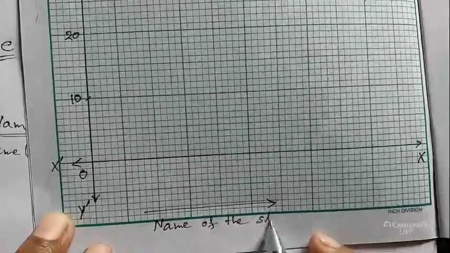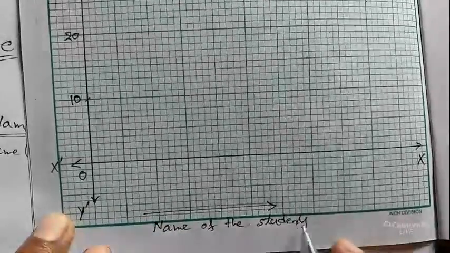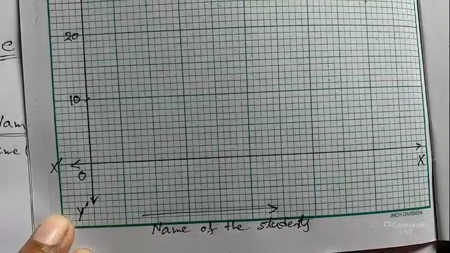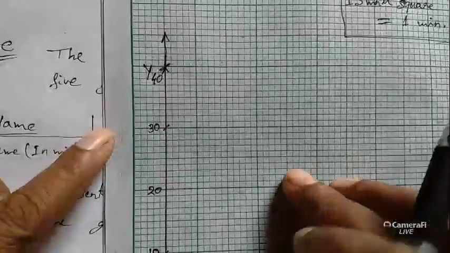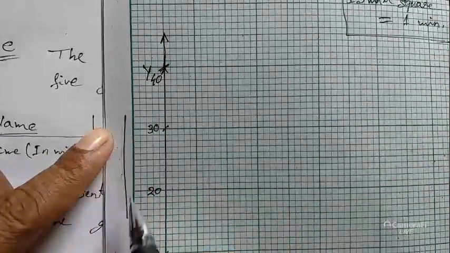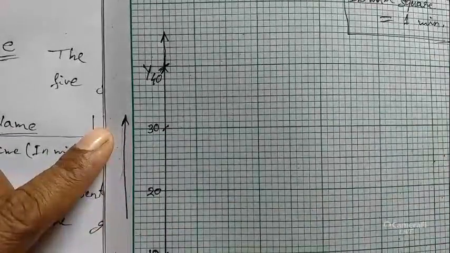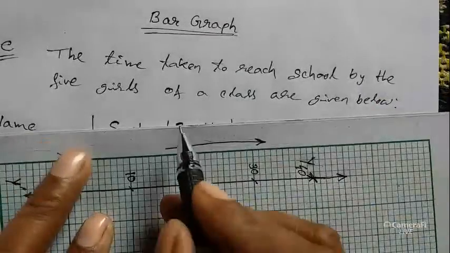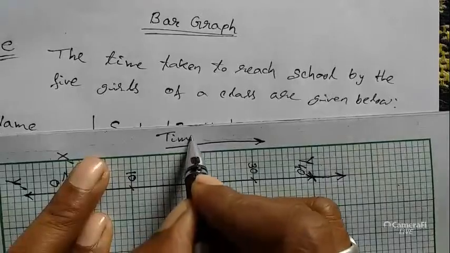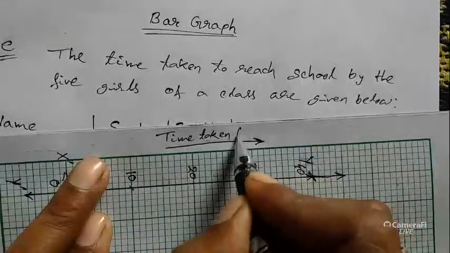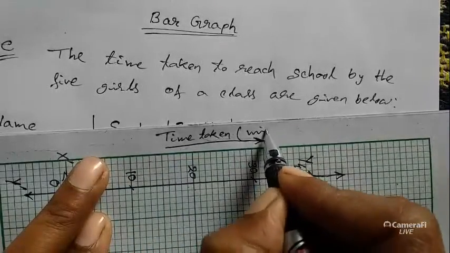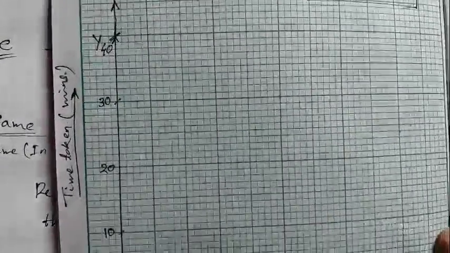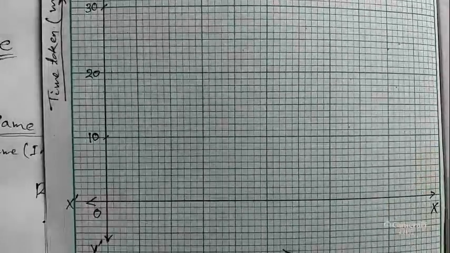Along the y-axis we are representing their minutes or time taken. Let us write time taken in brackets, minutes, along the y-axis. We have represented this.